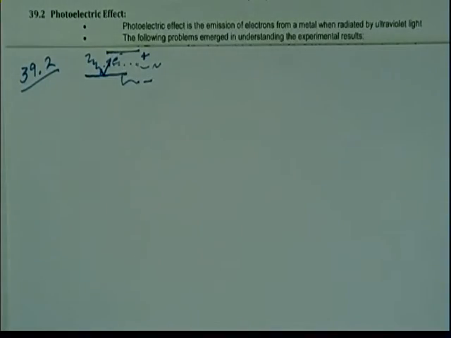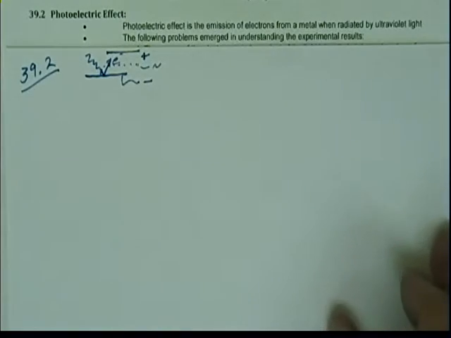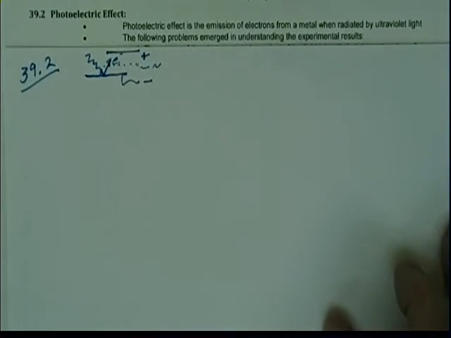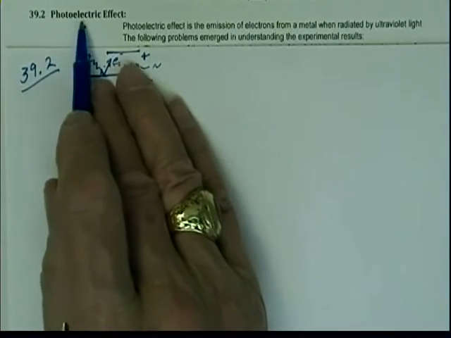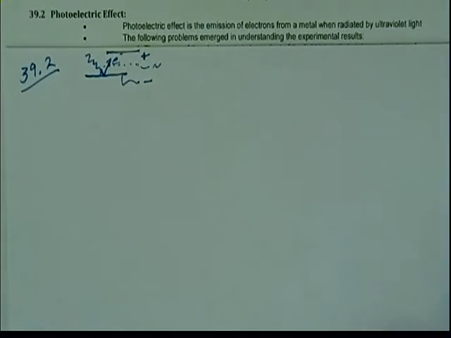So they could study how much energy these electrons had and how that varied with the light. And this is called the photoelectric effect. Photo from the light, electric for electrons.